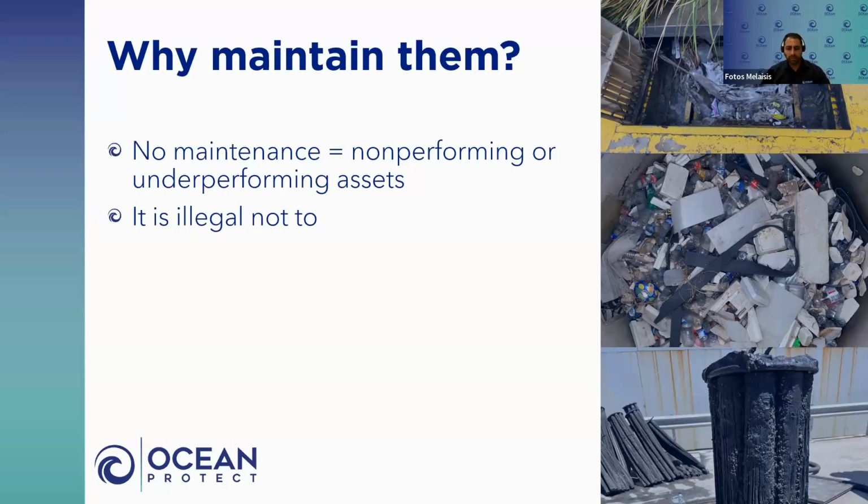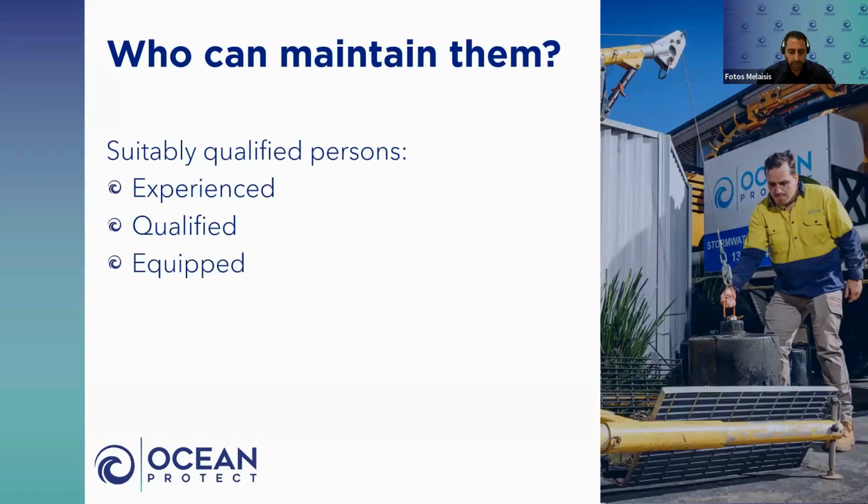Moving on to the next slide, in terms of who can actually maintain these systems. I think maintenance in general can be broken up into a few different components, one being the routine inspection or the basic visual assessment. There's nothing too cumbersome in that respect.